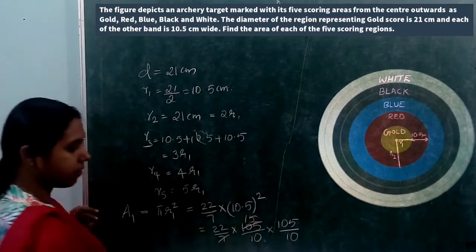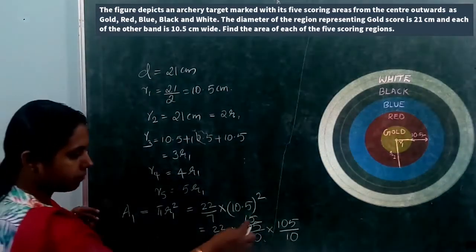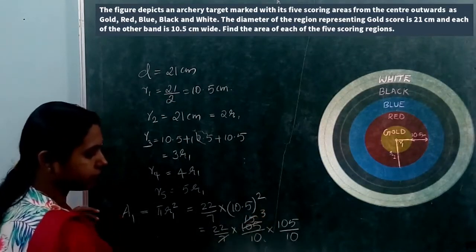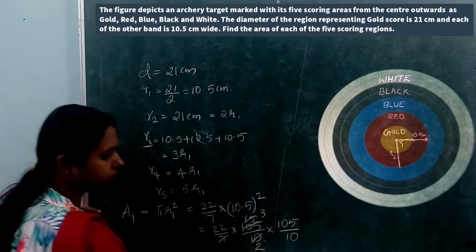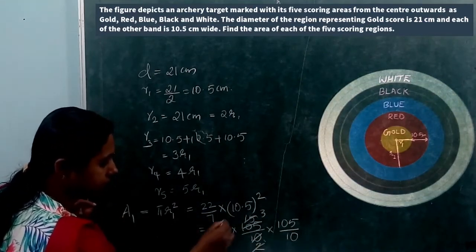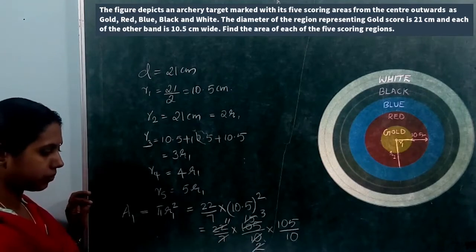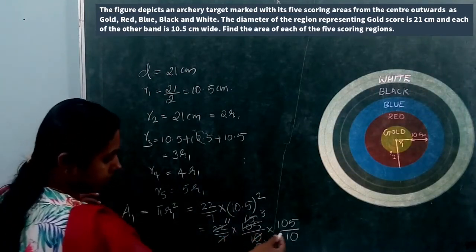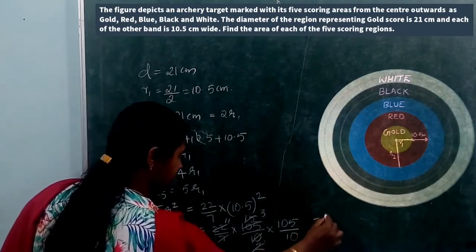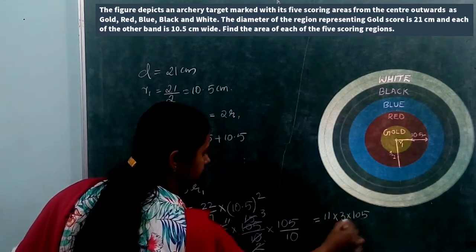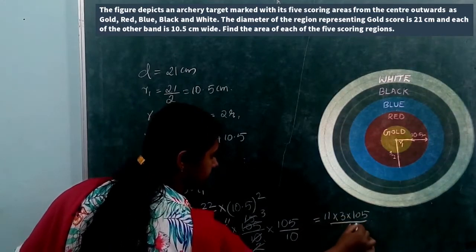15 sevens are 105, and in 15 and 10, 5 is common factor, 3 5s are 15, 2 5s are 10. Again 1 2 is 2, 11 2s are 22. Then that is equal to 11 into 3 into 105 divided by 10.